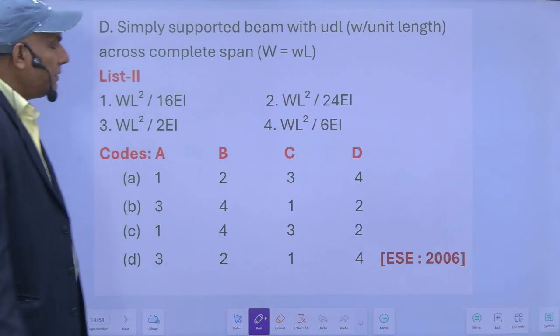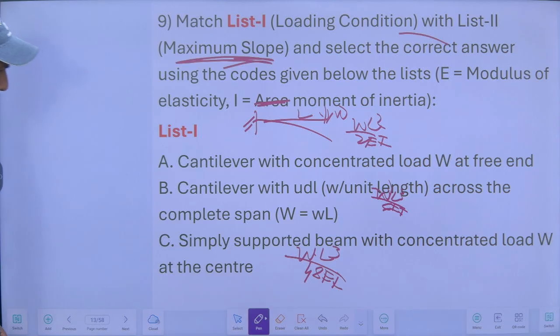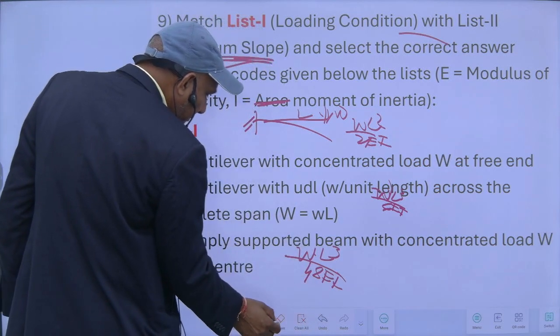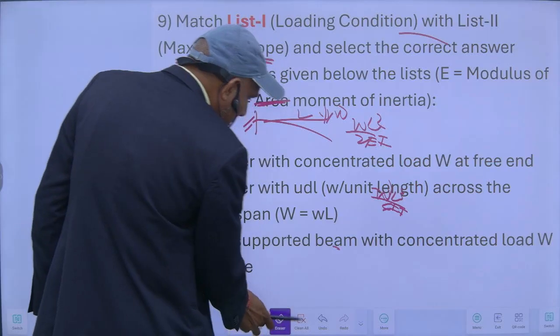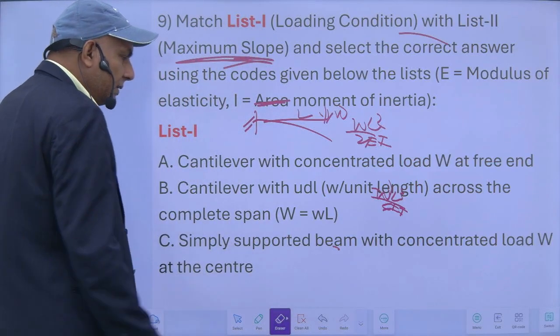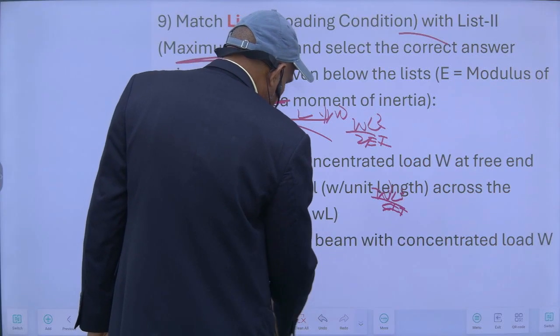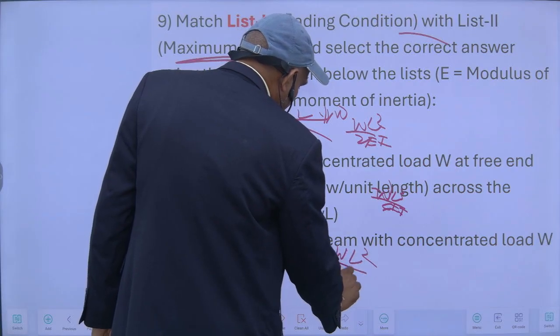And simply supported with UDL, oh, I think this is wrong. We are talking about slope. So slope of the simply supported carrying UDL will be WL square upon 16 EI.